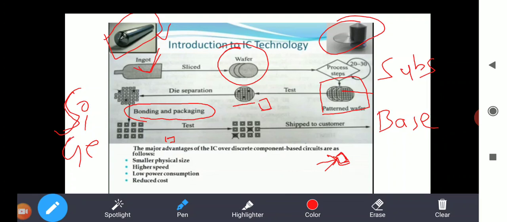Whereas in ICs, all components, active and passive, are housed in a single silicon wafer or substrate. Because of that, the advantages are smaller physical size, higher speed, low power consumption, and reduced cost.